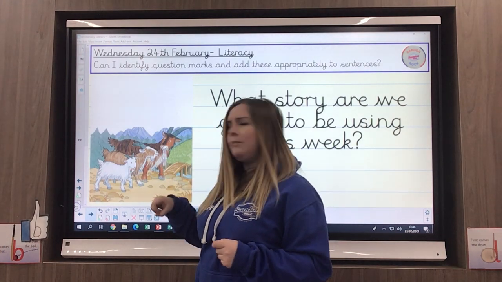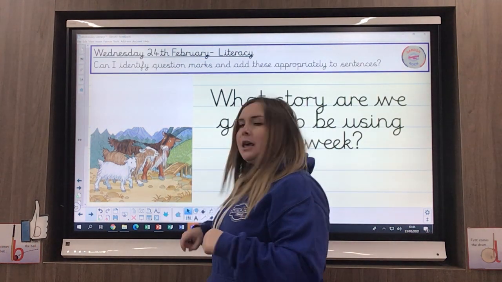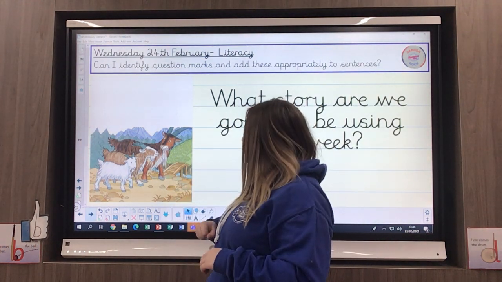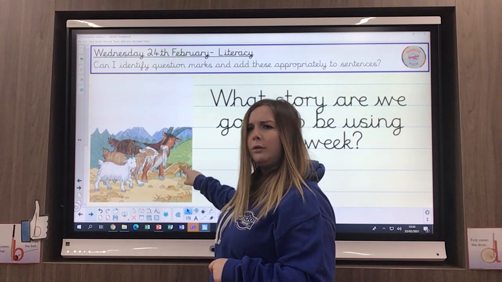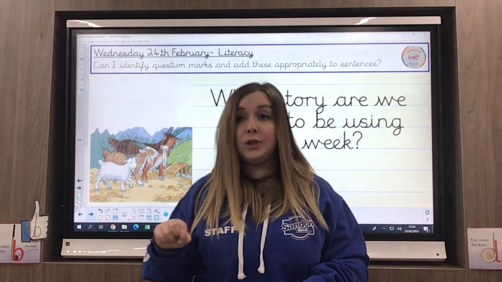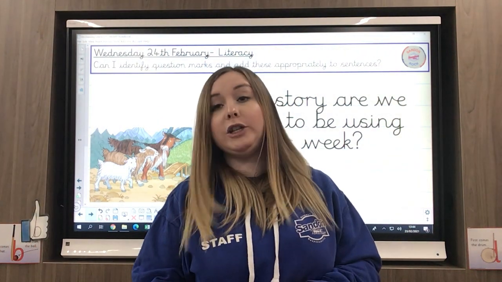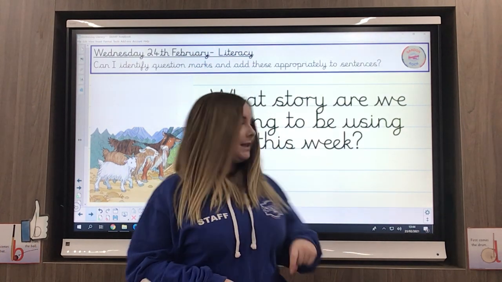They're furry animals, and they've got horns on their heads. They walk on 4 legs, and I can also see a bridge. On the other side of the bridge, there is a nice green field. So what story do you think we could be looking at this week? Okay, let's see if you're right.